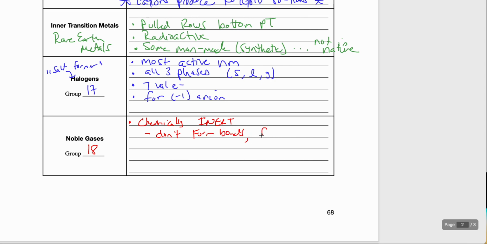They don't form ions. They tend not to participate in reactions. So inert or chemically inert means basically they are chemically inactive. It's not in their nature to react.